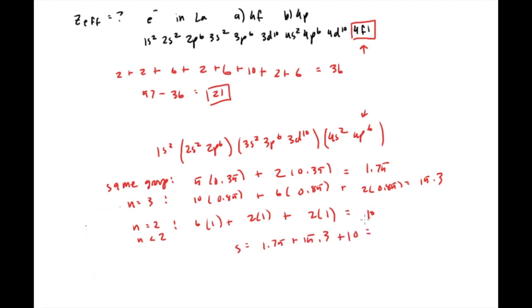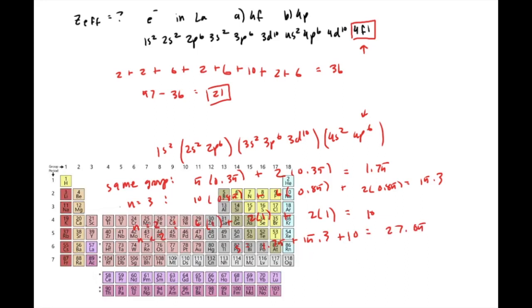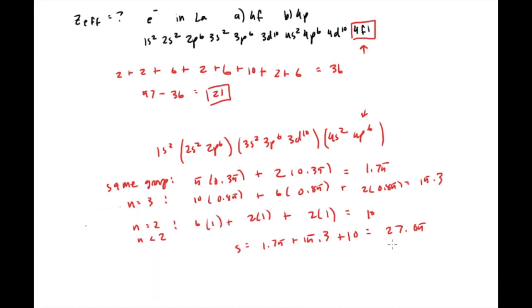And so we end up with a final shielding constant of 27.05. And so we have the atomic number of lanthanum, which is again 57. And so we can do 57 minus 27.05, which is equal to 29.95. And if we round this to 2 sig figs, this would just be 30, which is your final answer.